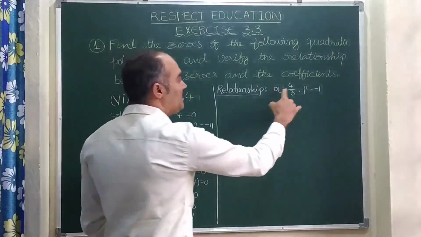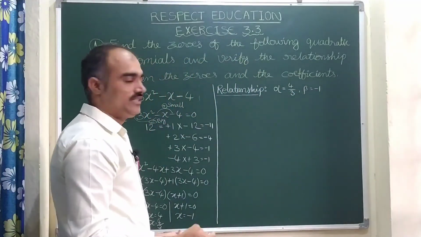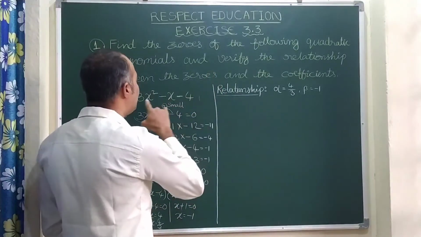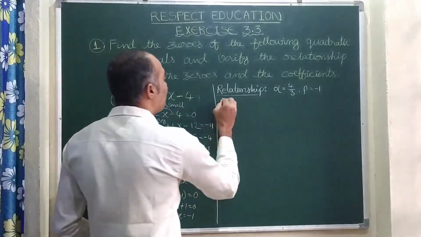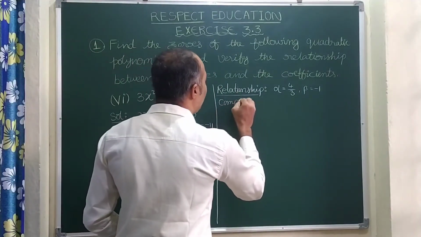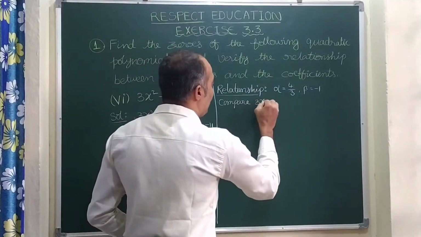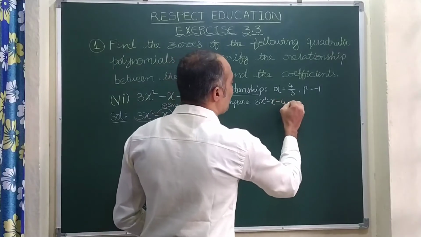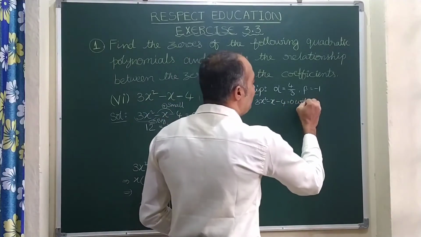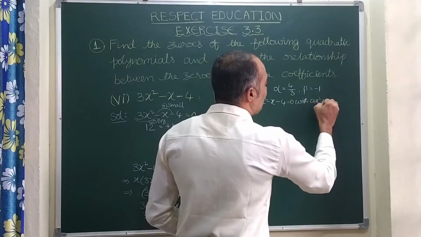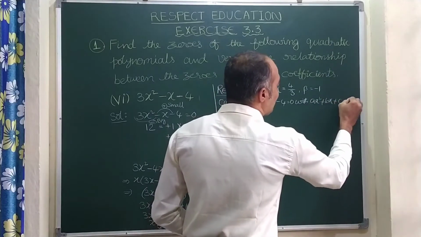Now these two are the zeros. Now we need coefficients. For finding coefficients, compare the given polynomial, 3x square minus x minus 4 equal to 0, with ax square plus bx plus c equal to 0.